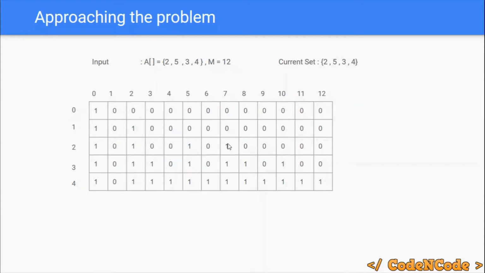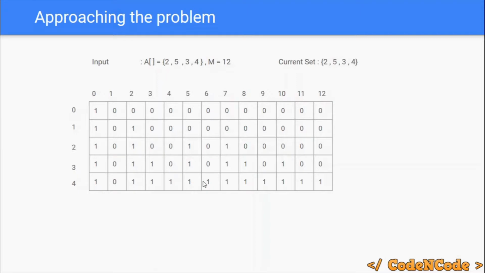Reason: if you can make sum 7 using only the first two values, of course you can make sum 7 even if you add more values, because you can simply ignore those values and there still exists a subset whose sum is equal to 7. That is why once you get 1 in any cell, then all the way from that cell down to the last row, everything would be 1.